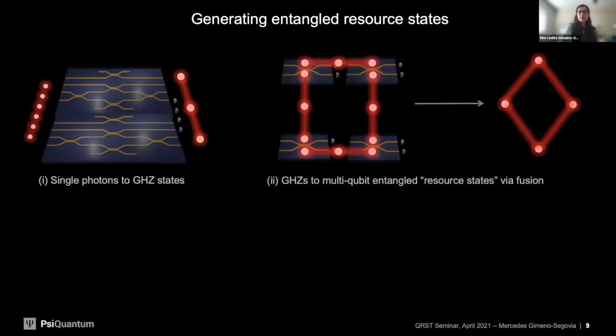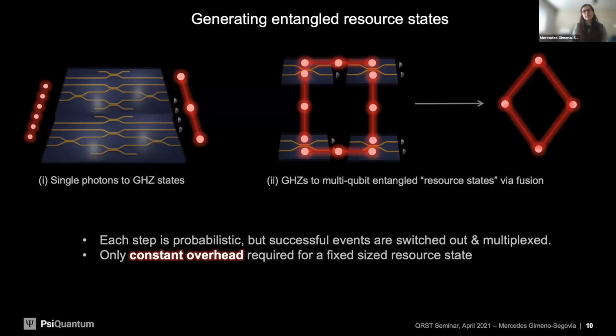The same principle can be used to take these 3-GHZ states, combine them in some particular way, and generate a larger, more complicated entangled state. So you can start building what we call resource states, which are small states of constant size, with a sequence of fusions that you apply to their qubits.